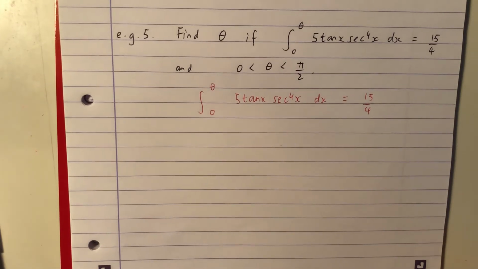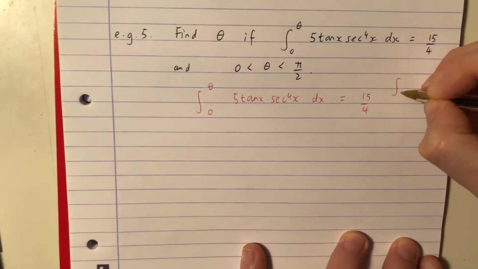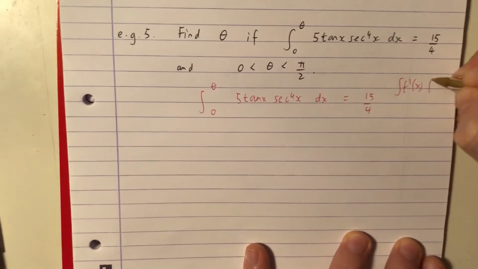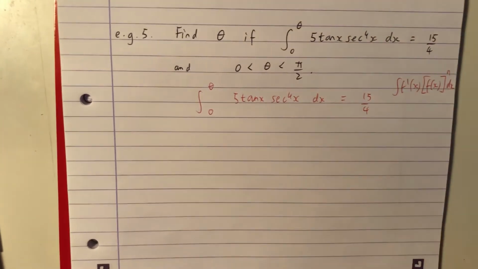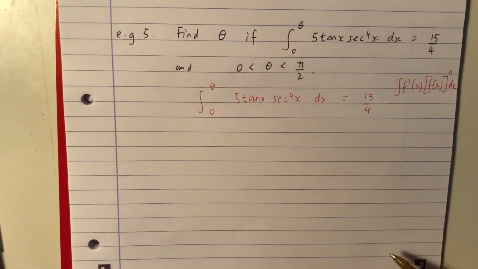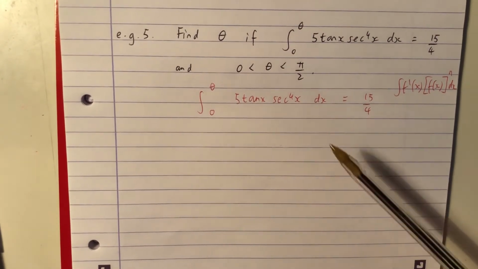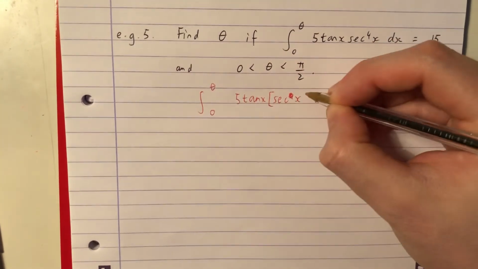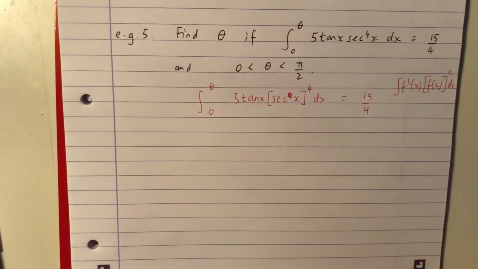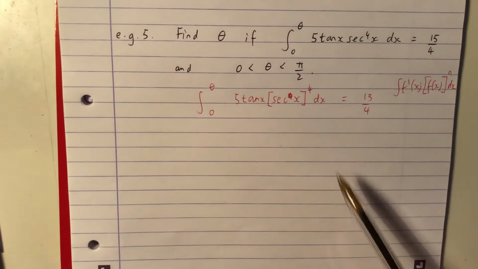Okay, which one is it? Now, it is going to be the f dashed of x, f of x to the n one. However, not quite what you expect, because if I write that sec to the power of 4 like this, let's see if the pattern works for this.